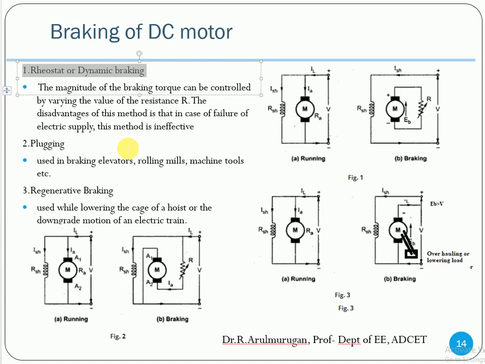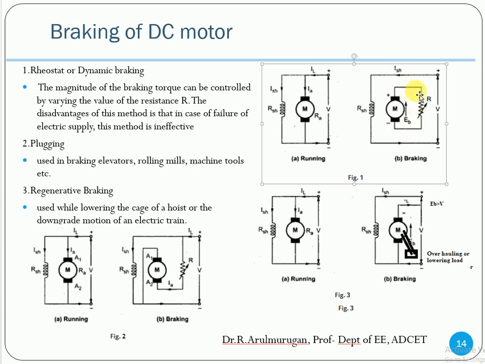How? In a general motor, see this is a normal diagram. Power supply is applied to the field winding of the motor and the armature winding of the motor. Whenever you want to apply the brake, you remove the power supply to the armature and connect it across a rheostat. If it is connected across the rheostat, the back EMF generated in the motor flows to the rheostat and is dissipated.